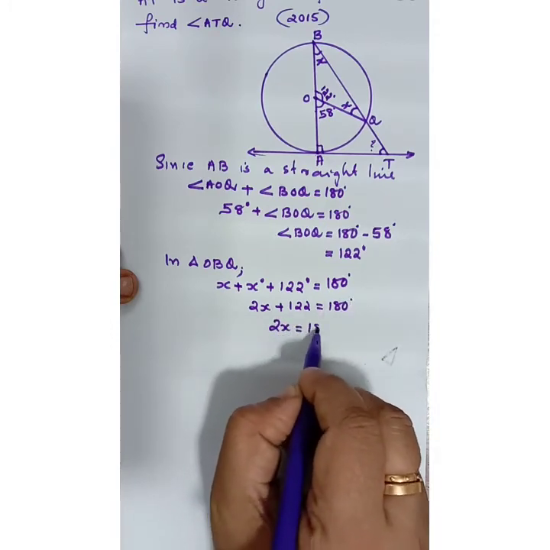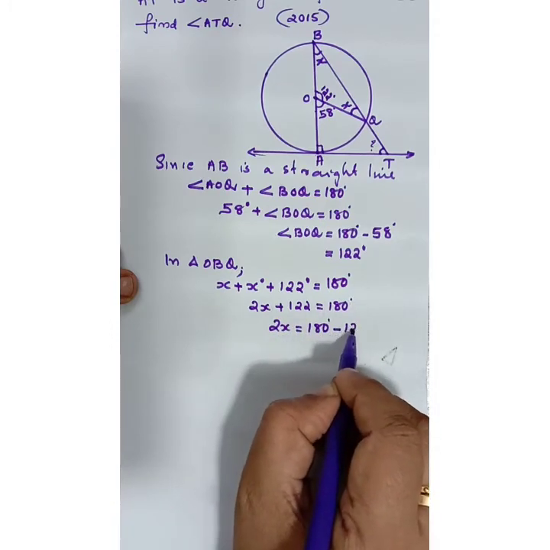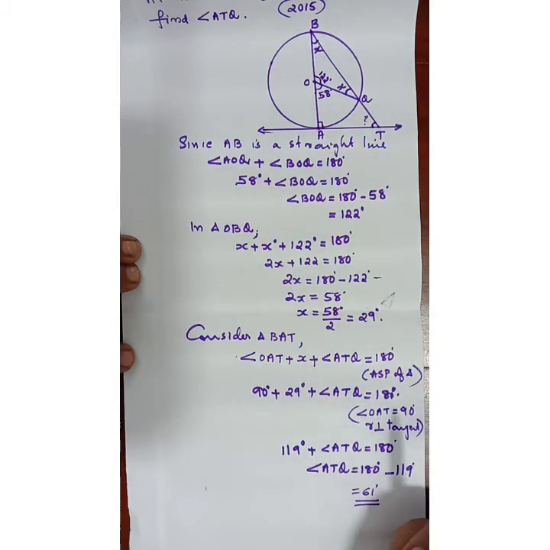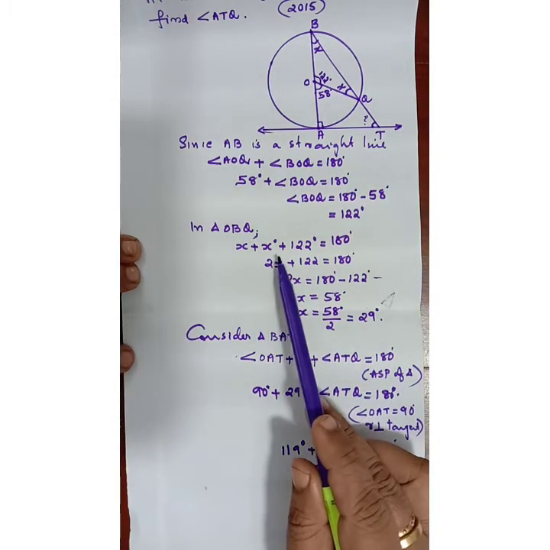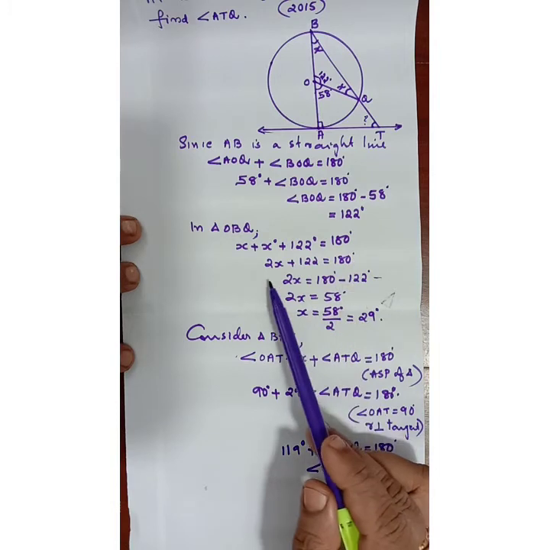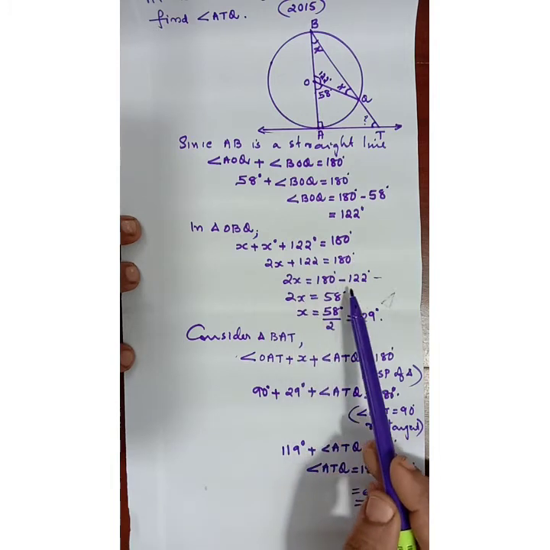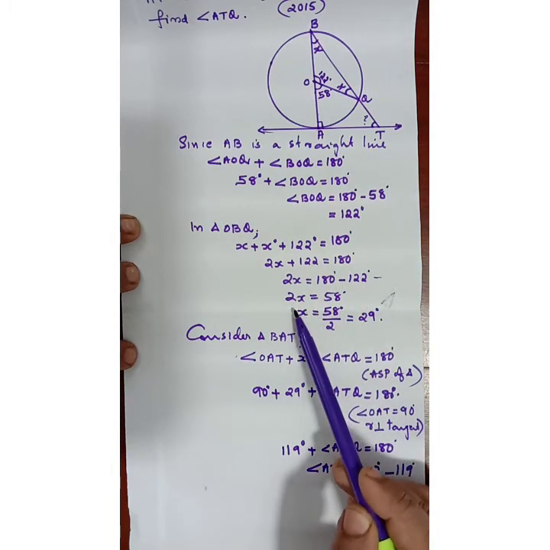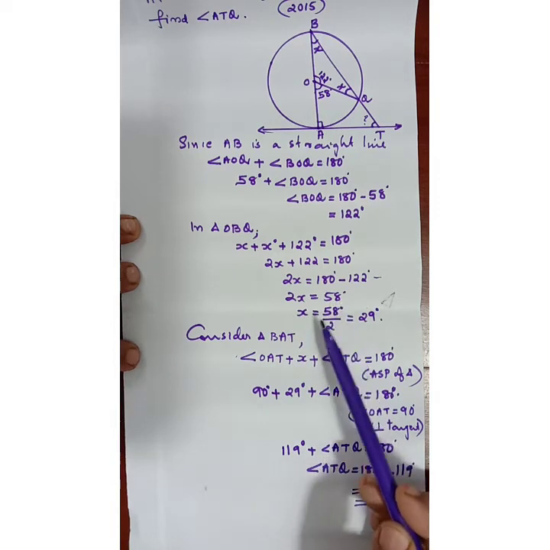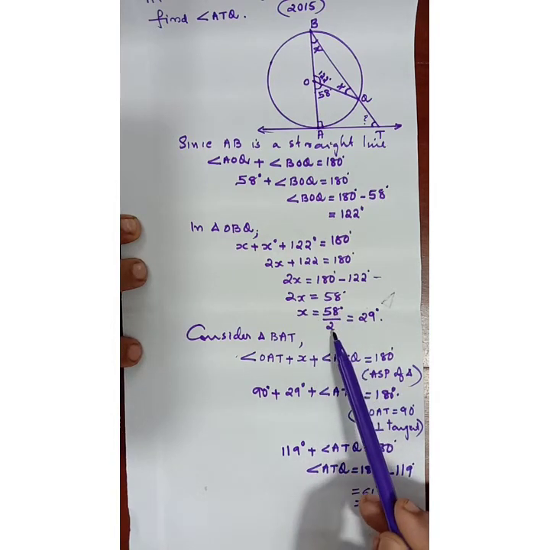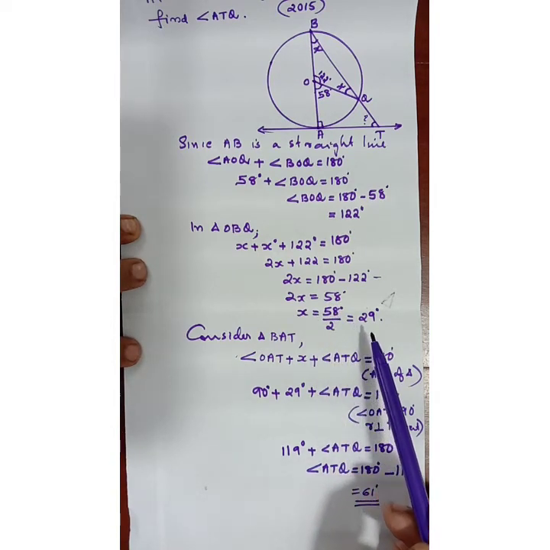Here you have seen 2x plus 122 is 180, so 2x is equal to 180 minus 122, and 2x is equal to 58 we are getting. Therefore x is equal to 58 degree by 2, that is equal to 29 degree.